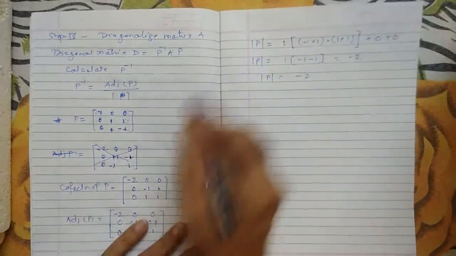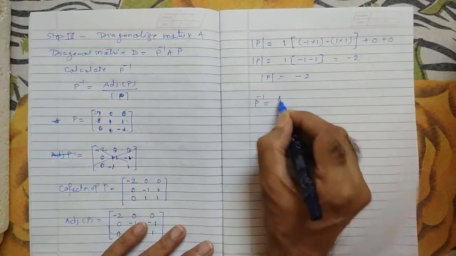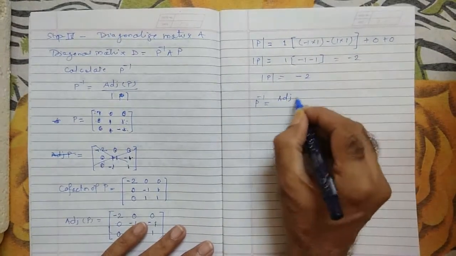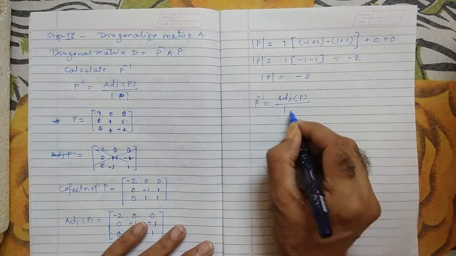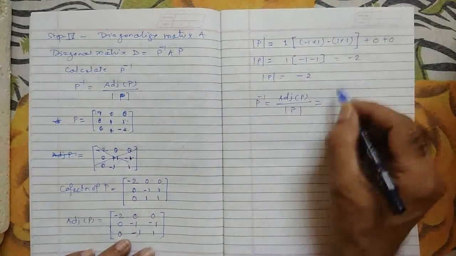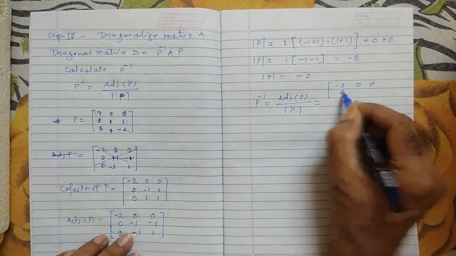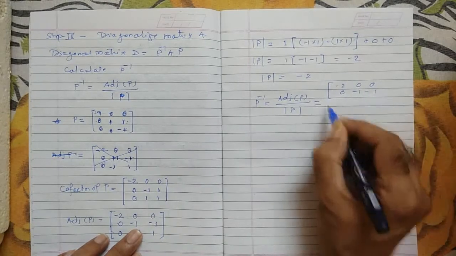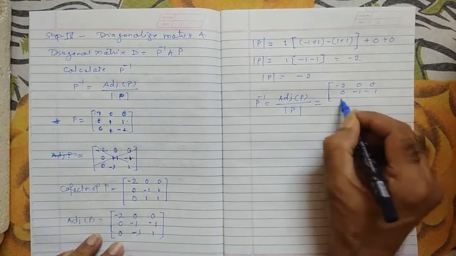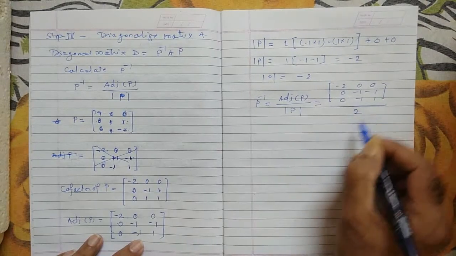Now P inverse is equal to adjunct of the P divided by determinant of the P. Adjunct of the P is what? -2 0 0 0 -1 -1, and this is 0 -1 1, divided by -2.